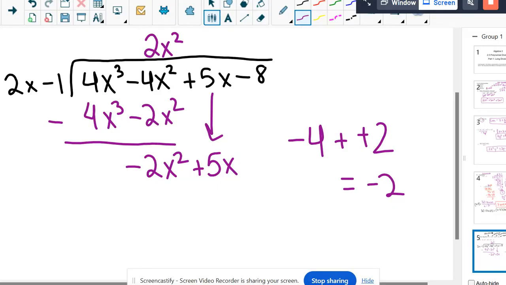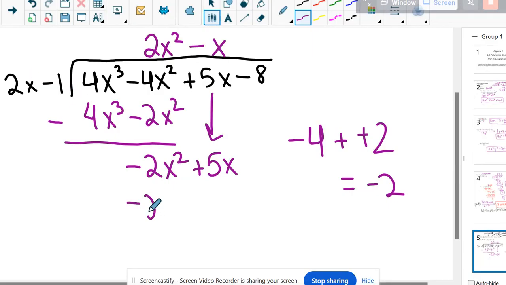Yes. Okay, next I divide this by 2x. So negative 2x squared divided by 2x would give me minus 1x. Or you think, what would I have to multiply 2x by to get negative 2x squared? Just negative x. And then I multiply the negative x by 2x minus 1.